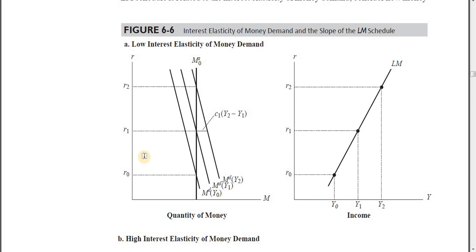Intuitive explanation is everything. Let's say a person has rupees 100 with her and she is choosing to keep 50 rupees as money balance, as a liquid balance, which we call money demand. So this is case number one. Now let's assume that the income has gone up from rupees 100 to rupees 500.